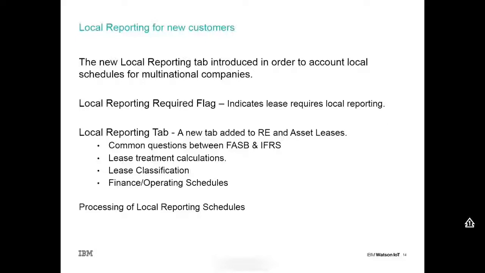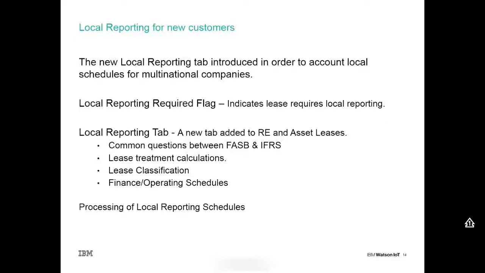It's an additional tab, similar to the accounting tab, where you will have different schedules for the local standards. For example, if a corporate office of company A is in the US and it has other offices in Australia and other places, the accounting tab will be GAAP, and the local reporting tab will be IFRS. We'll see more details when we do the demo.